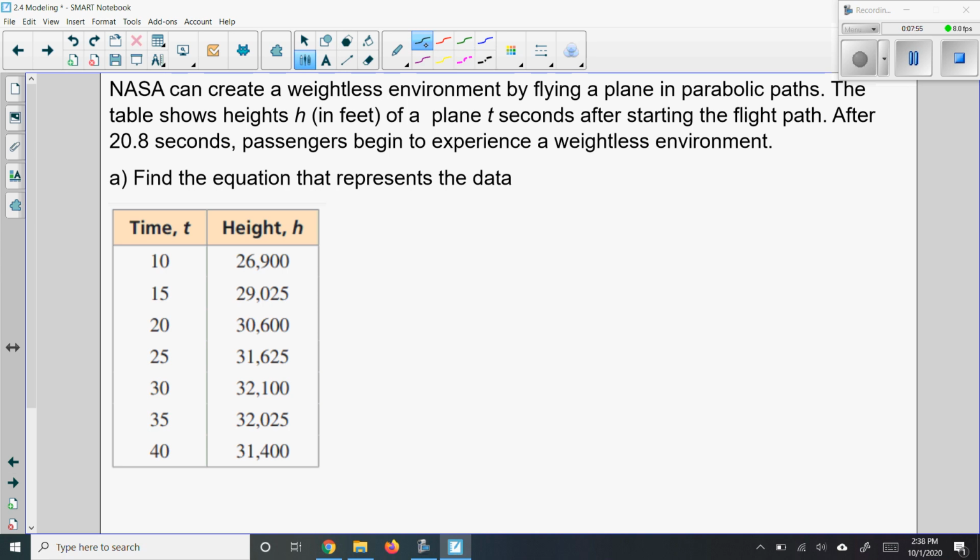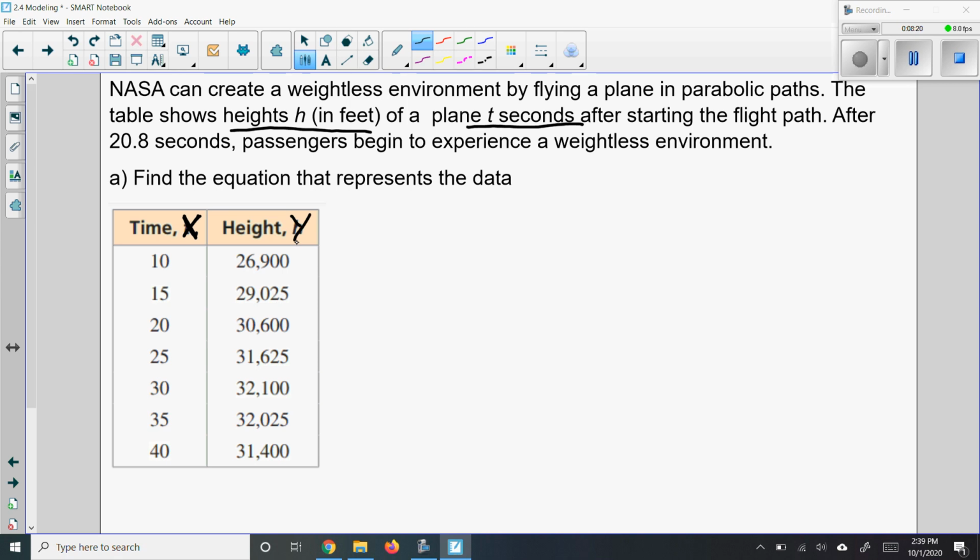This one involves a rocket ship. The height is in feet. T is the seconds after starting the flight path. When you have a table written like this, the first value is typically the x, and the second value is typically the y.